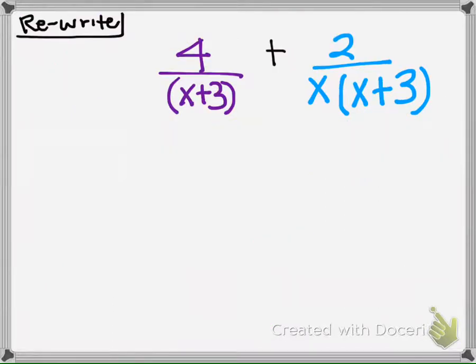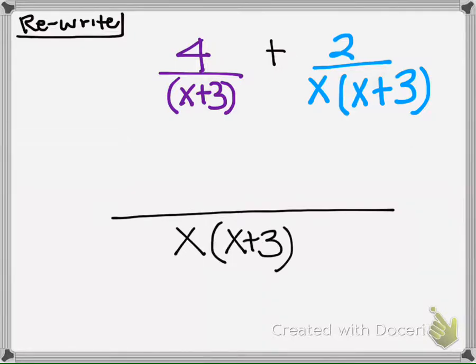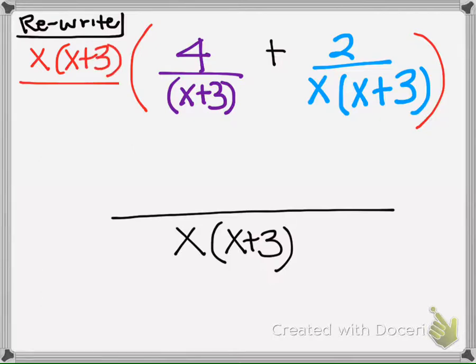So now we're going to rewrite the whole problem with our common denominator, which was x times x plus 3. We're going to think about if we were to multiply this by x times x plus 3 here. Keep in mind we're really multiplying by 1.